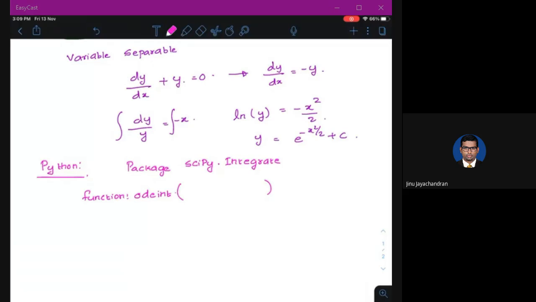What are the arguments? The first argument is a function, the function of the ordinary differential equation. The second argument is the initial condition, so that you can find all your constants.